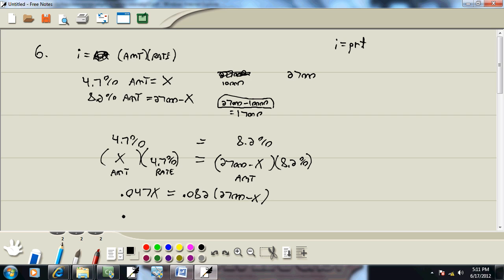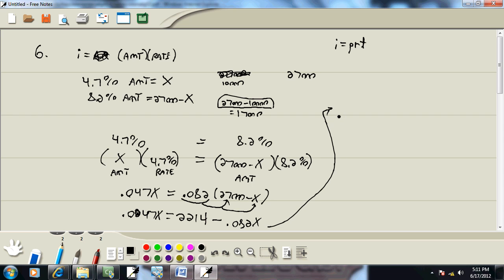Well, this is a linear equation, so our first step is to get rid of parentheses. So I'm going to take that 0.082 and multiply it times 27,000 and times the negative x, distributive property. So 0.082, I got my calculator today, times 27,000 gives us 2214. And then this times the negative x gives us negative 0.082x.